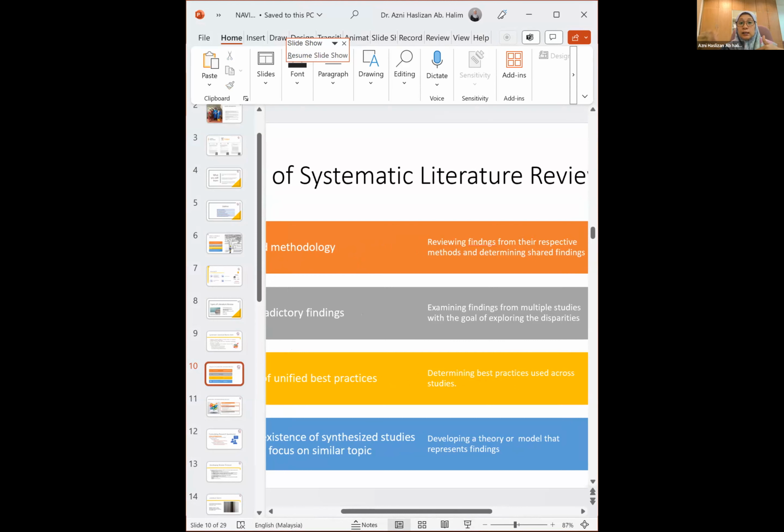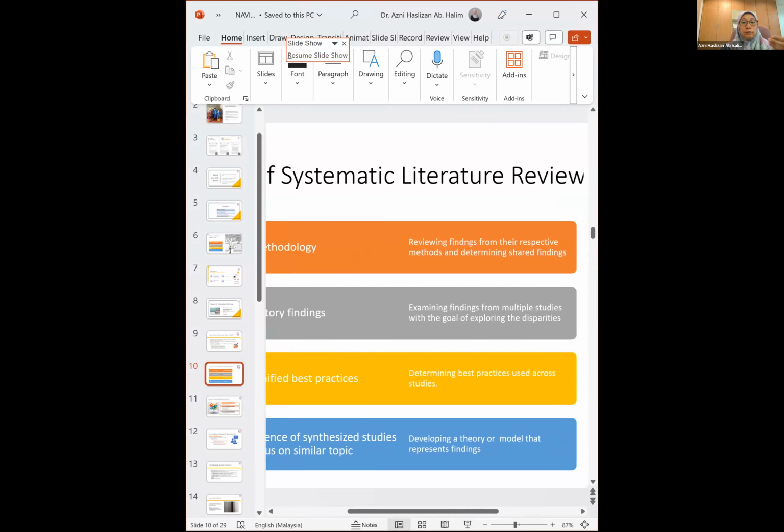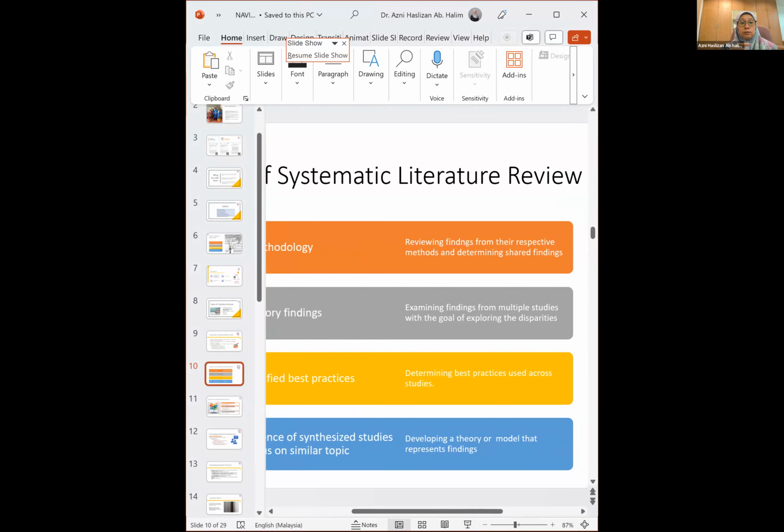You can start doing an SLR based on this problem, and determine from the methodologies done by other researchers what your finding is.